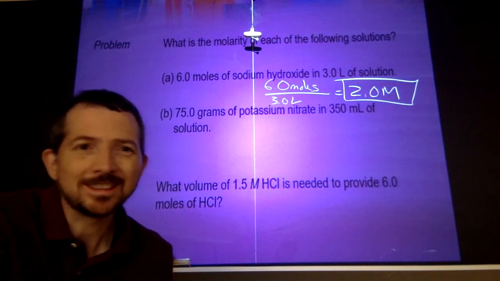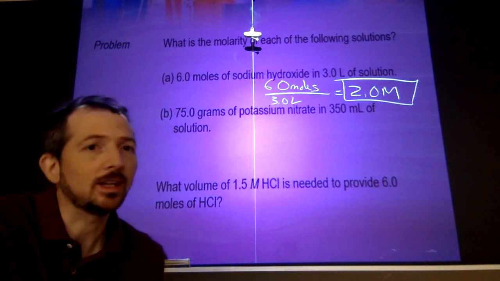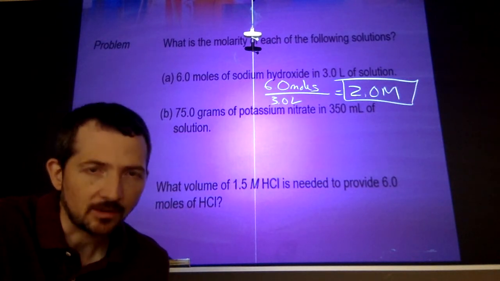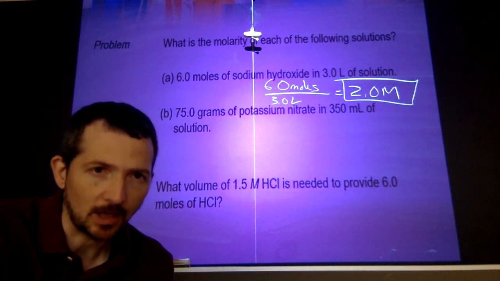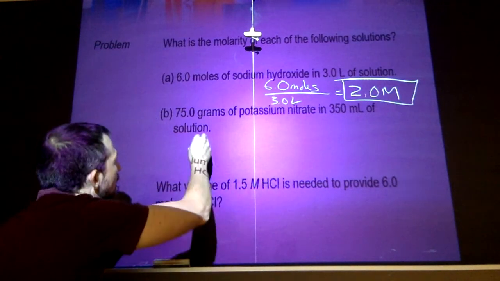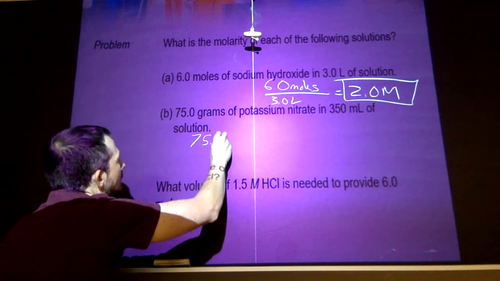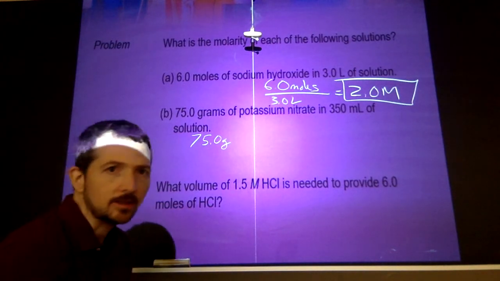Now this next one says 75 grams of potassium nitrate in 350 milliliters of solution. So again, I need moles divided by liters. So I have to convert my 75 grams of potassium nitrate to moles. You first have to remember what potassium nitrate is.